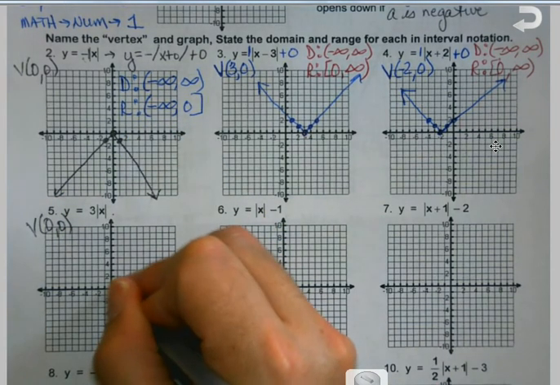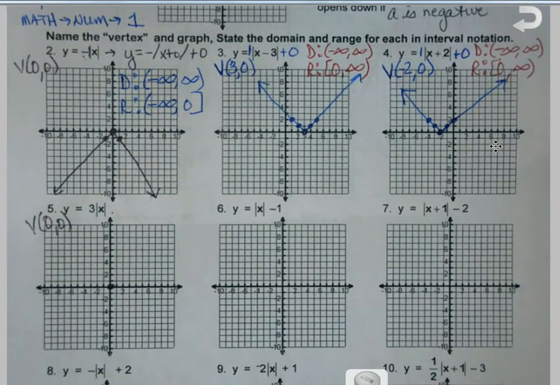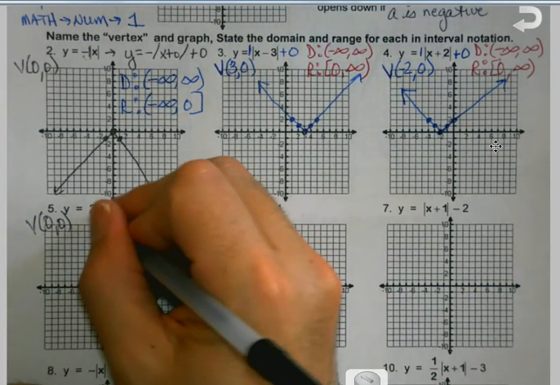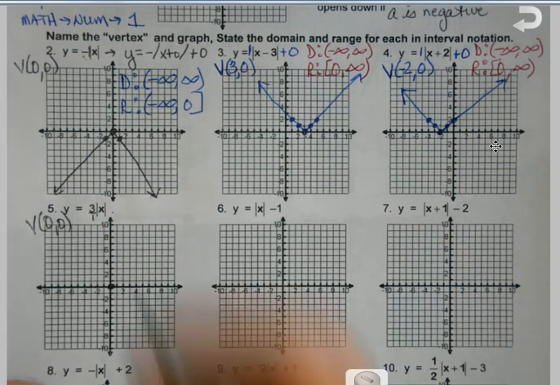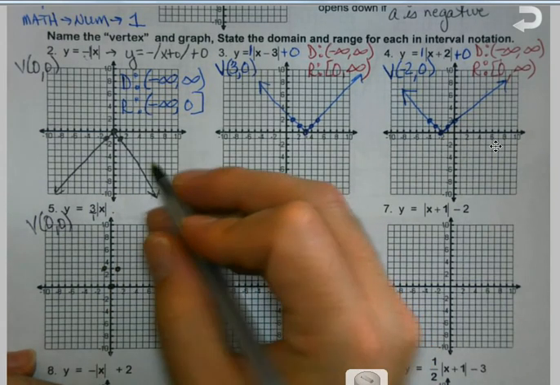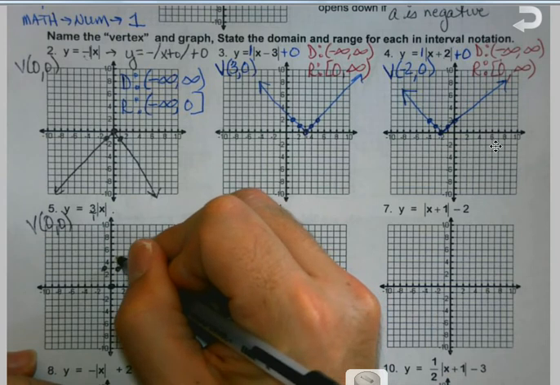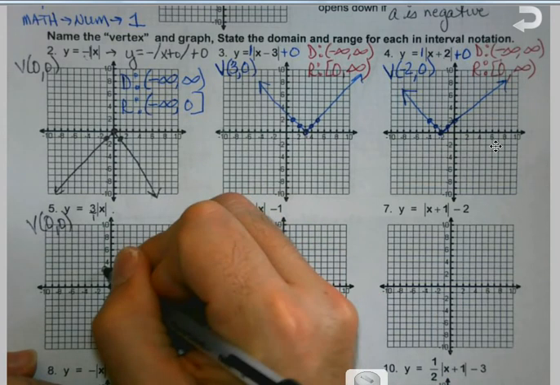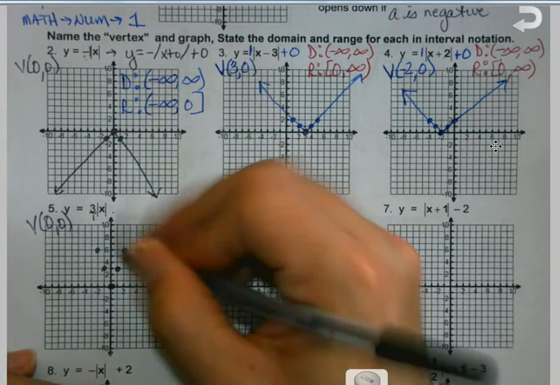However, this time, my slope, air quotes, is 3 or 3 over 1. So now I'm going to go up 3 and right 1, up 3 and left 1. And again, if you want to be more accurate, you can do it again: 1, 2, 3, up 3, left 1 with absolute value.